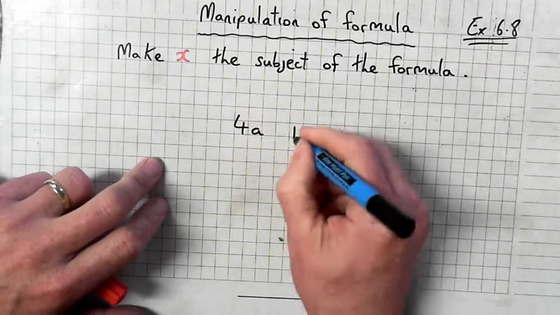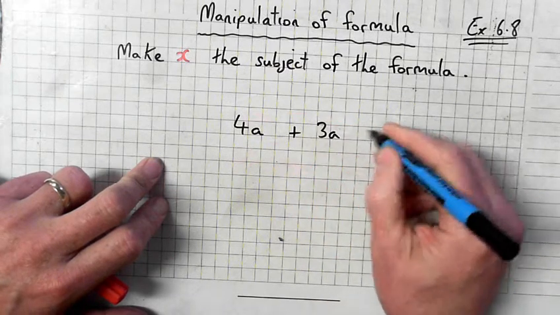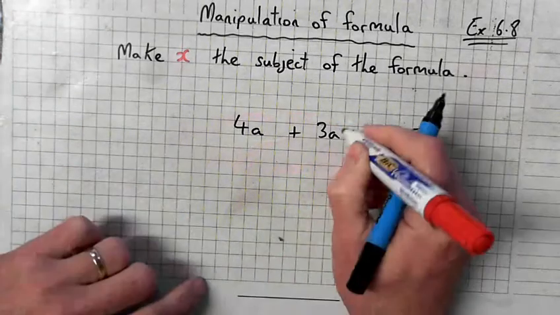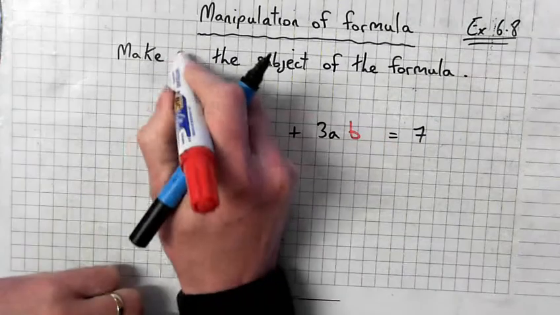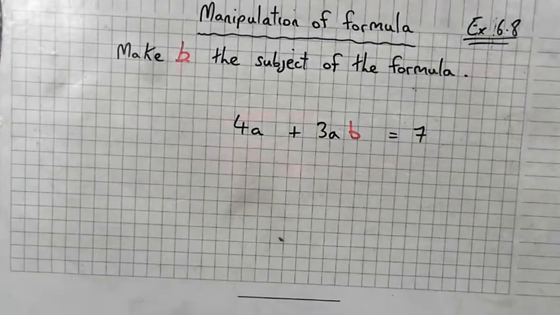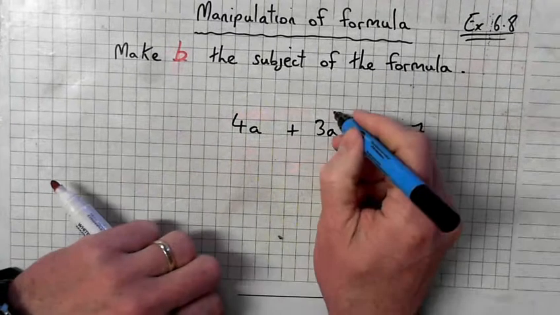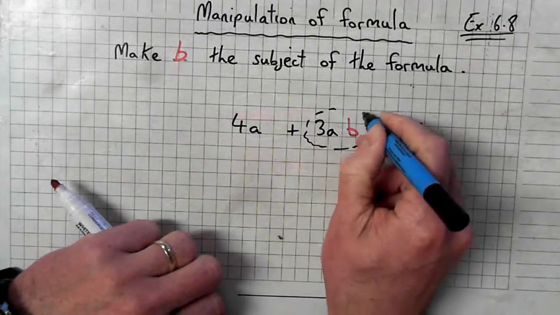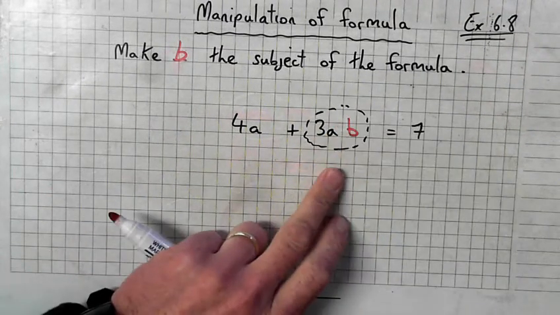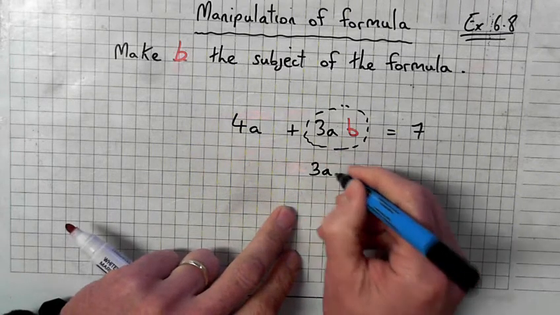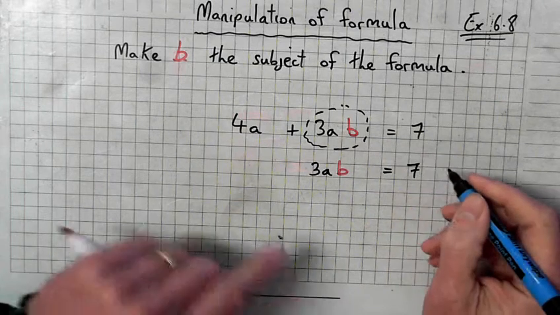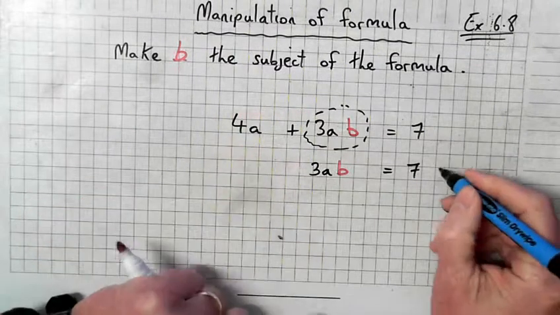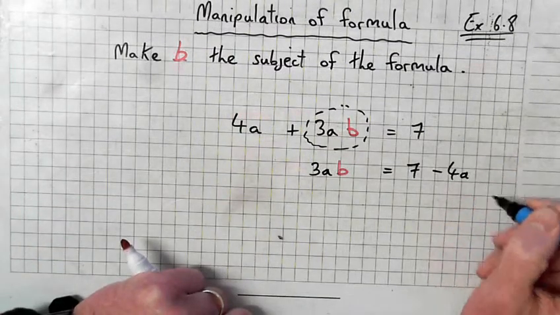For a plus, and there's a b there, so I'll make b the subject of the formula. So b on its own. Again, the object that contains the b, I'm going to leave on the left hand side. I'm going to move the 4a across, and it becomes minus 4a.